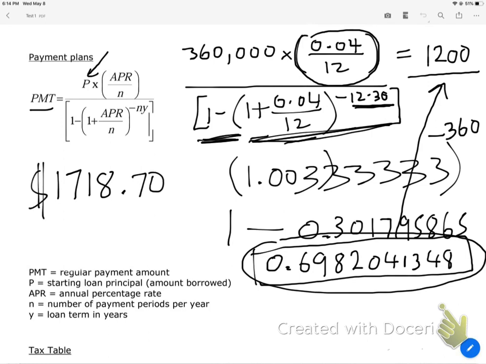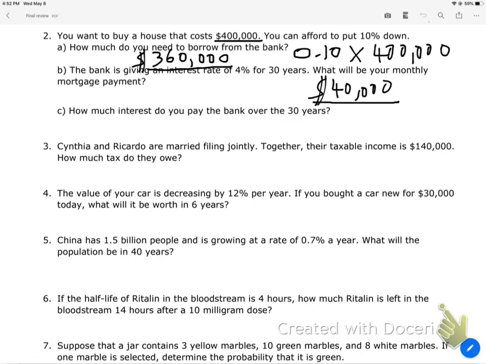That is my mortgage. That's probably part B. Let's go back to the original question. There you go. That's my monthly mortgage payment, 1718 and 70 cents. It's money, so only 2 decimal places. Right, how much interest do you pay the bank over the 30 years?